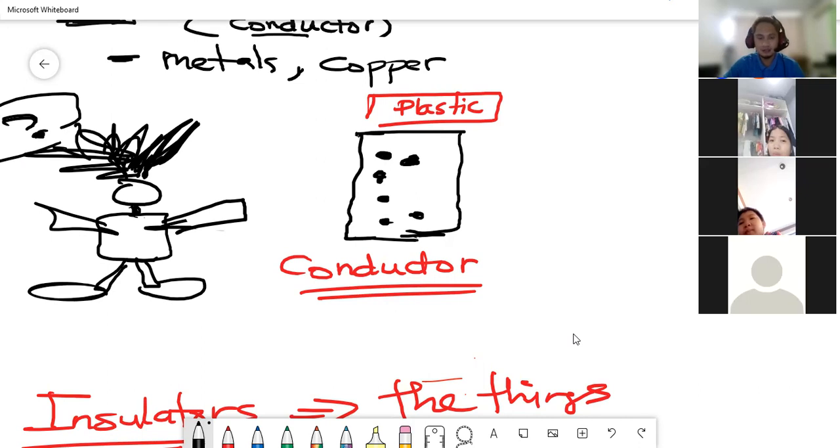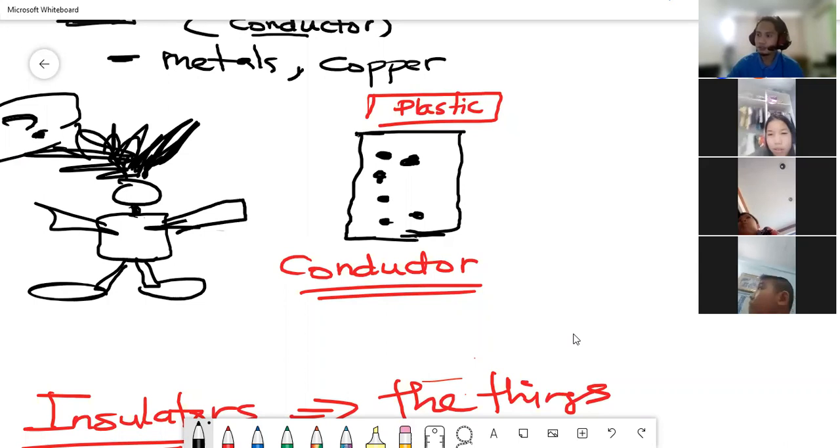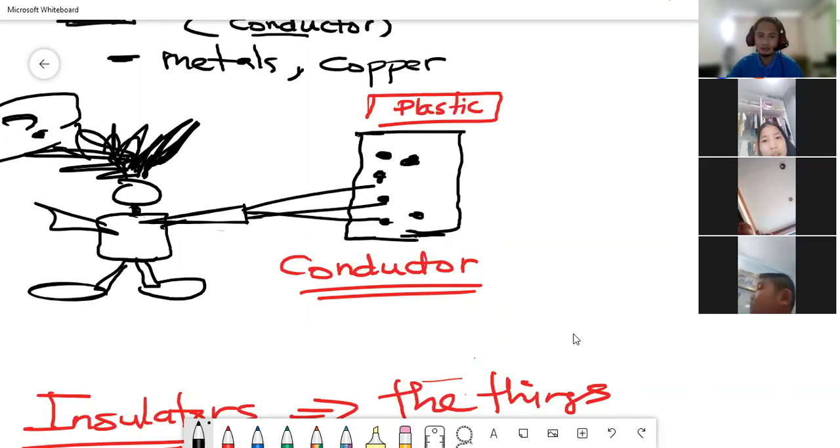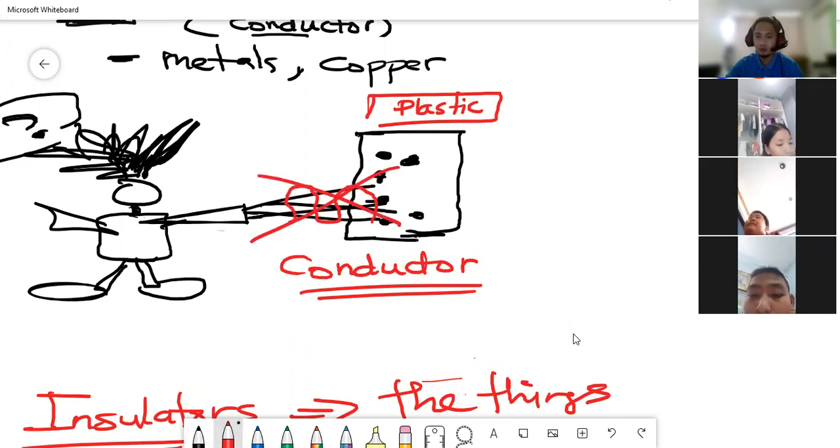What is plastic? For example, plastic here. Narungrit puts it here. What will happen? Nothing, because the electricity cannot flow.